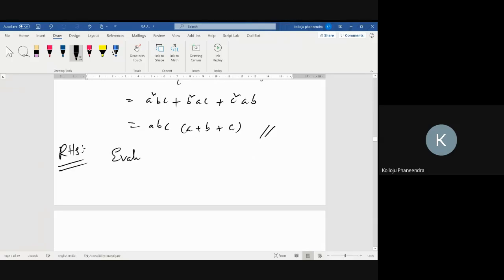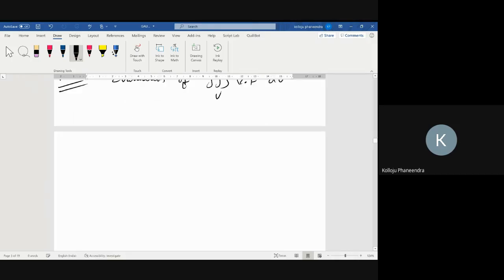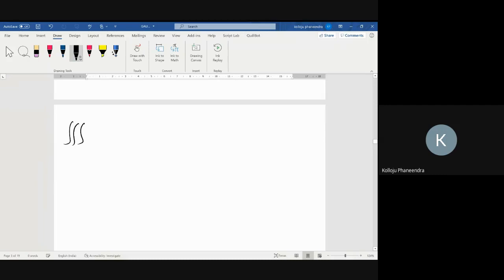RHS is the evaluation of the triple integral of del dot f bar dV. Triple integral over V of del dot f bar dV is nothing but the triple integral of dou f1 by dou x plus dou f2 by dou y.